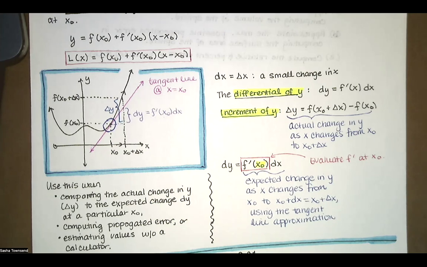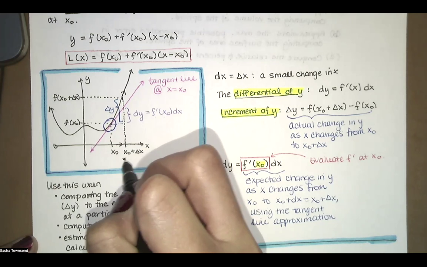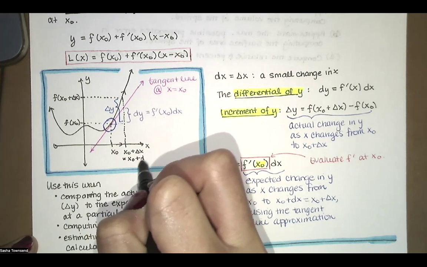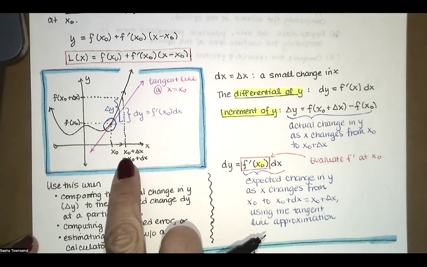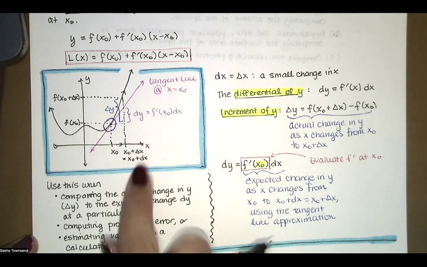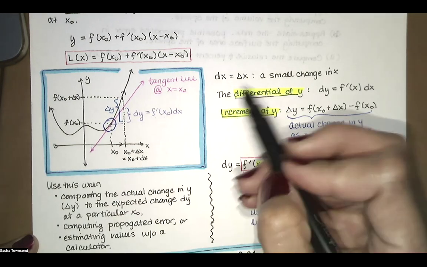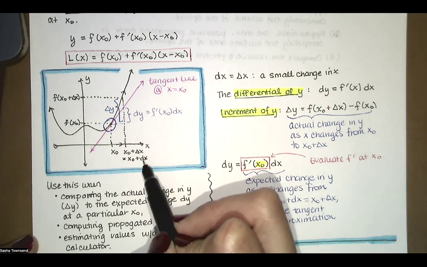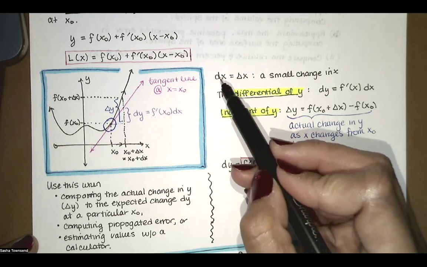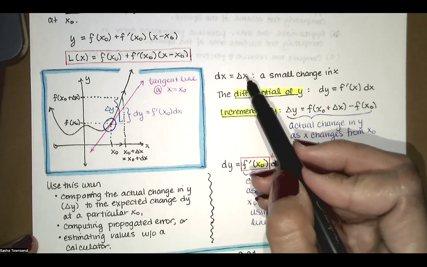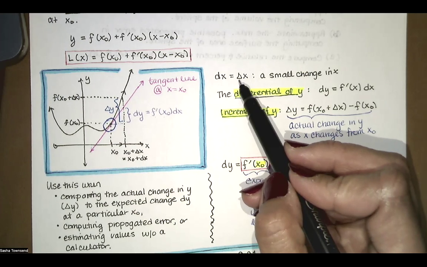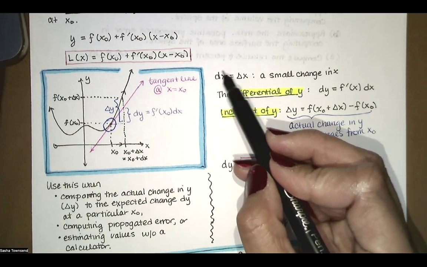Now, the thing that bothers me about this is that in this section and similar sections in Calculus 3, we are saying that dx and delta x are interchangeable. So these are both representing a small change in x, and we're going to say that they're the same thing. Typically we wouldn't say that with dx.